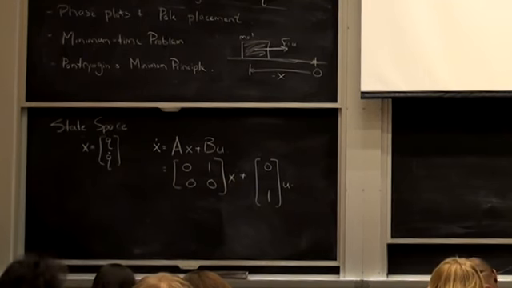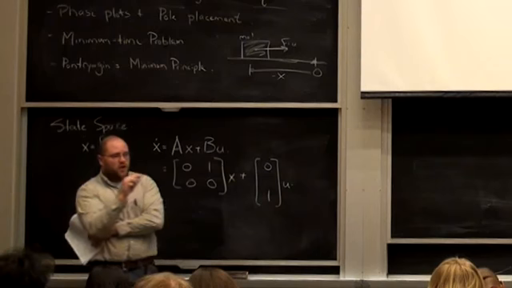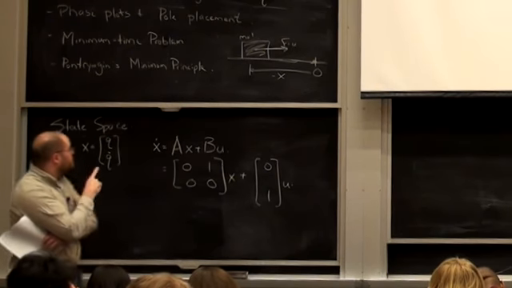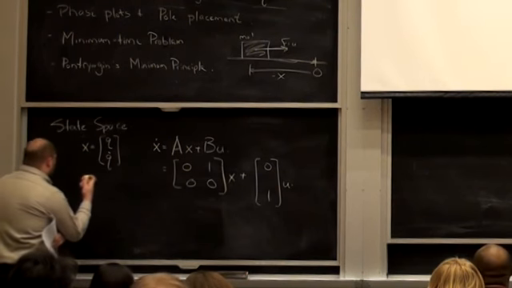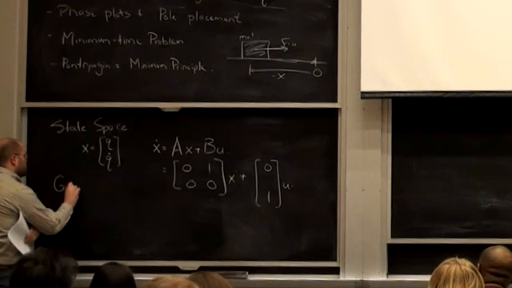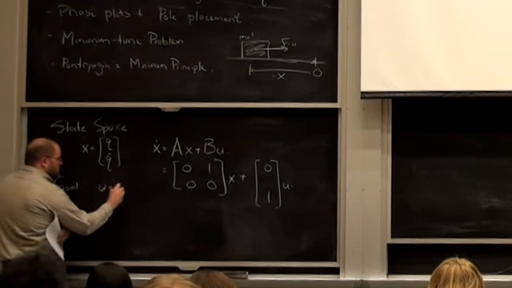Okay, our goal now is to design u, right? We want to come up with a control action u, which you can think of as being a force on the brick, let's say, which drives the system to 0. So in general, our goal is to design some feedback law.